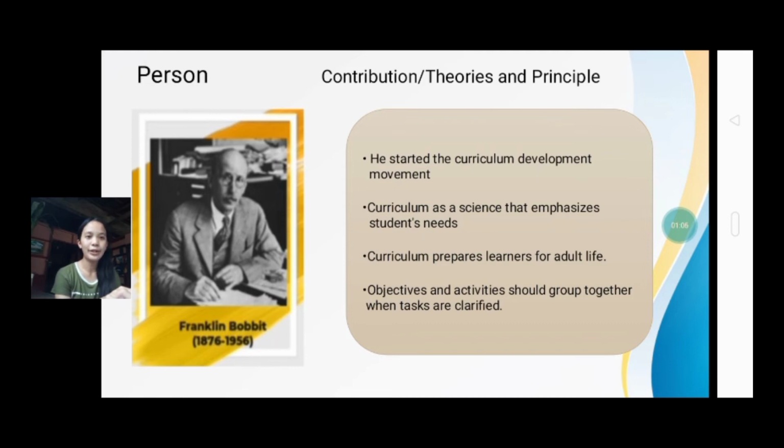Curriculum prepares learners for adult life, and objectives and activities should be grouped together when tasks are clarified. But Babbitt noted that it compromised school experiences that educators constructed to enable children to attain these objectives.